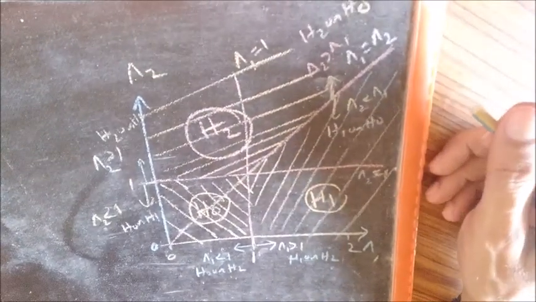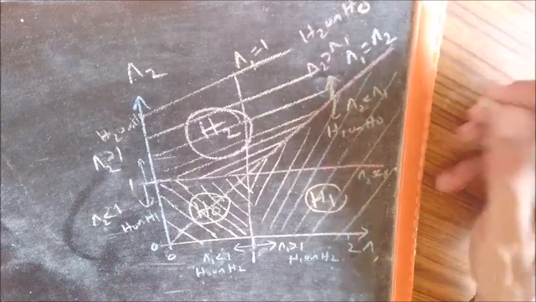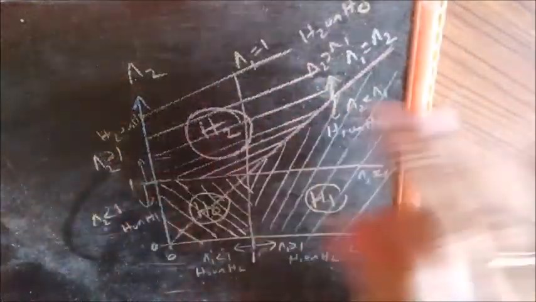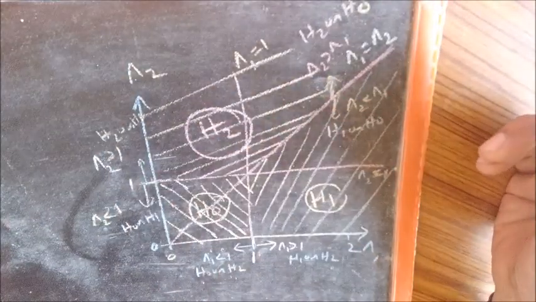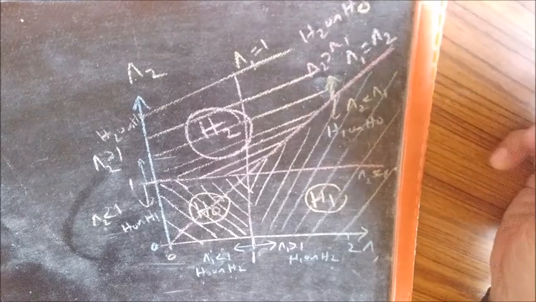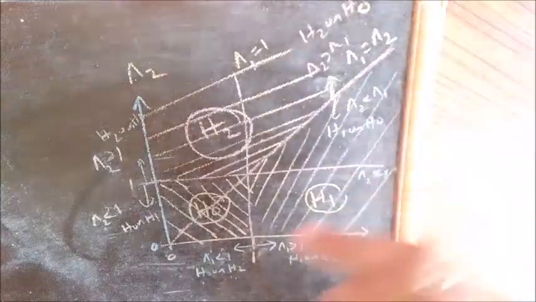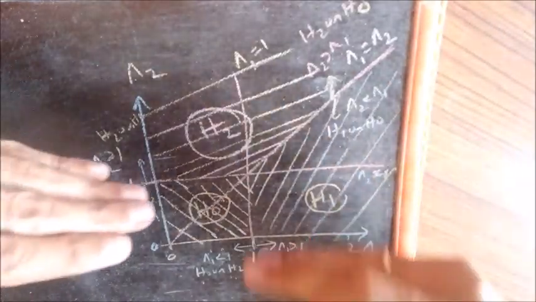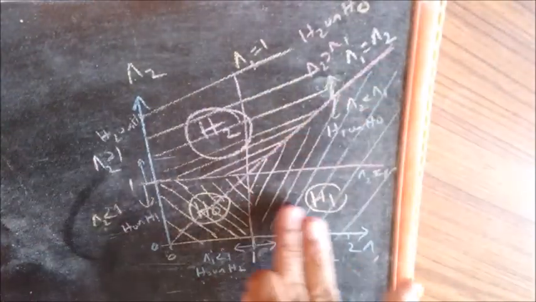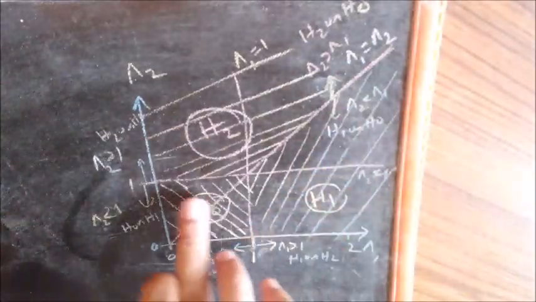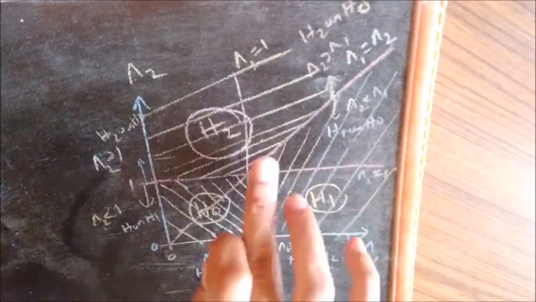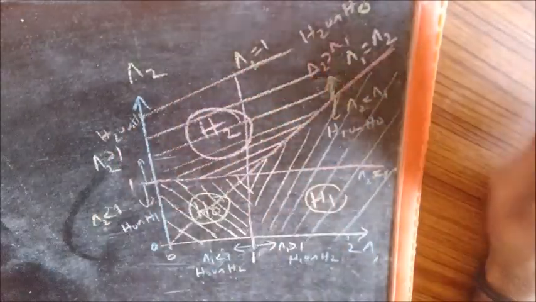Whenever you compare lambda 1 and lambda 2 in a 2D space like this, and remember, likelihood ratios will always be positive because it's a ratio of density functions, and density functions are always positive. So in a space like this, if you are in this region, you can simply declare it as H1. If you are in this region, you can declare it as H0. And if you are in this region, you can declare it as H2.